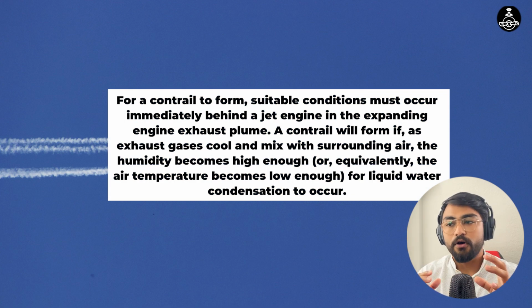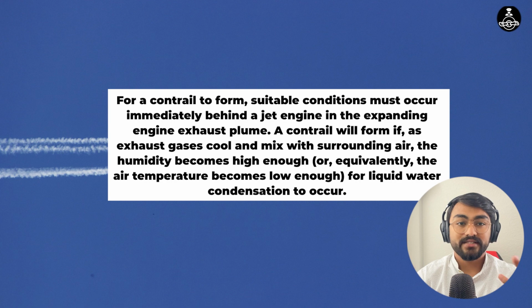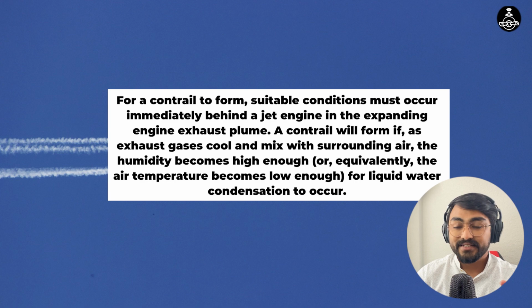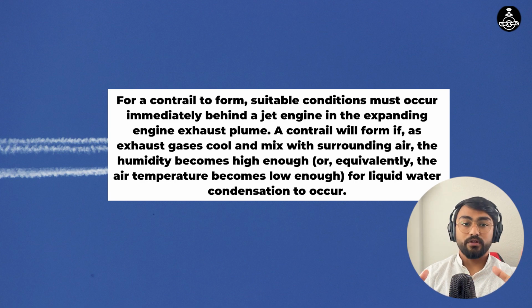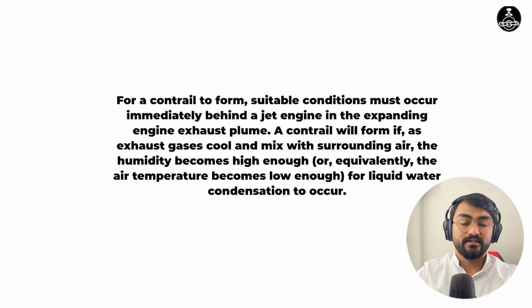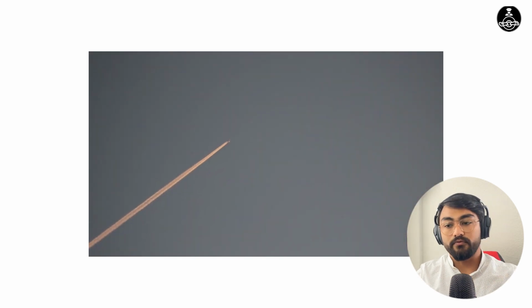For a contrail to form, suitable conditions must occur immediately behind the aircraft, which means the exhaust must immediately interact with cold air, and there should be enough water vapor in the exhaust for the ice particles to form. These lines would be persistent in the sky because the temperature is really low, and for the clouds to dissipate, it needs to be hotter so that the ice crystals melt and become water vapor again.